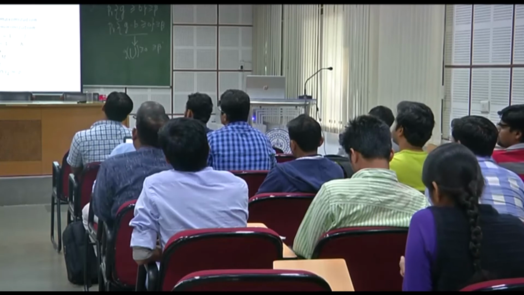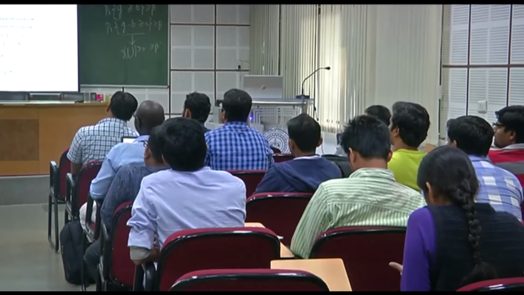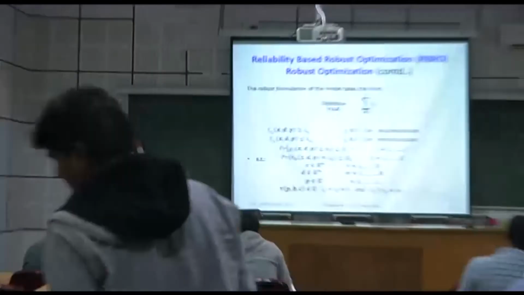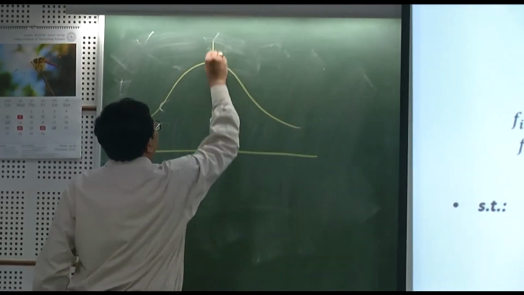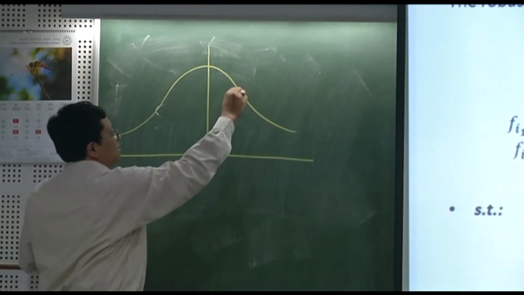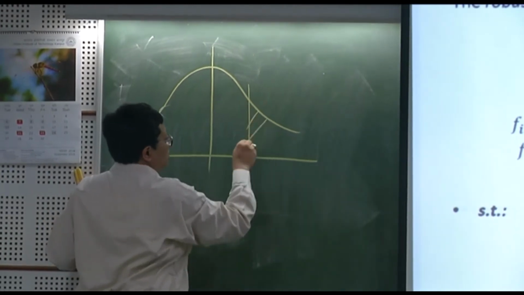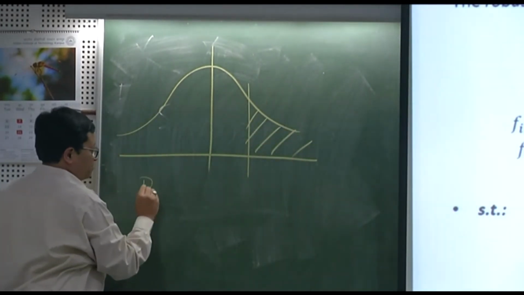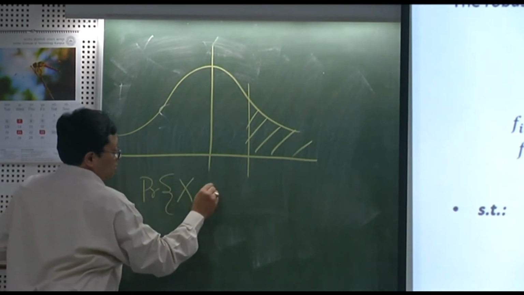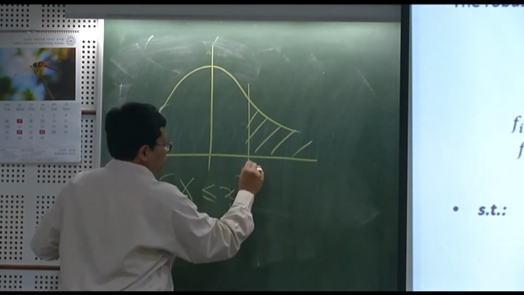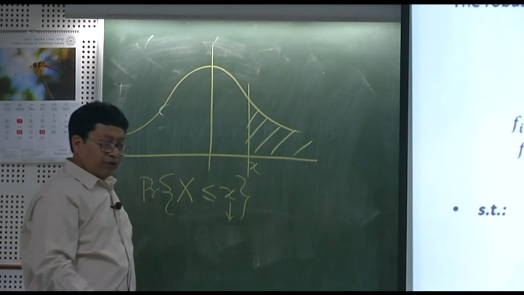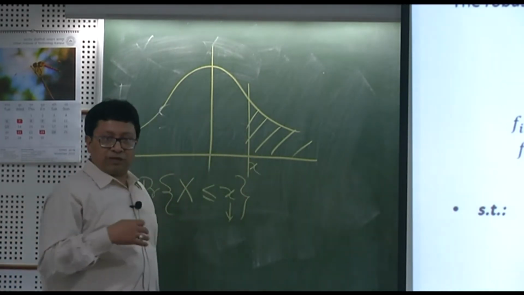So consider you have only one variable. Consider this is a normal distribution, and consider there is a value. We want f of x to be less than or equal to, or greater than, some value, and this value is given here. So what we do is either maximize or minimize depending on the problem.